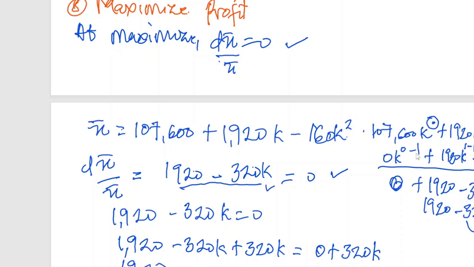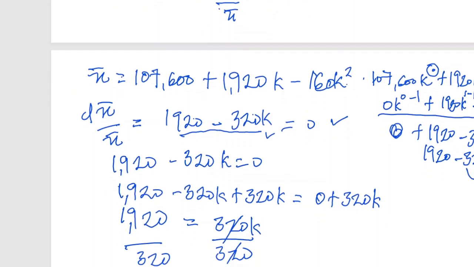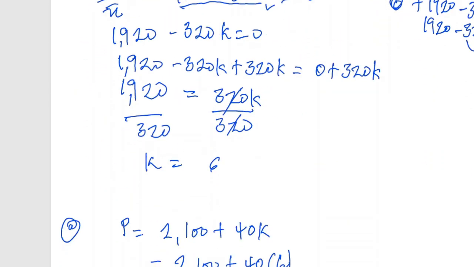After differentiating and getting this function, you equate it to 0. So you now have 1920 minus 320K is equal to 0. So we will add 320K to both sides. In doing that, you get 1920 minus 320K plus 320K is equal to 0 plus 320K.